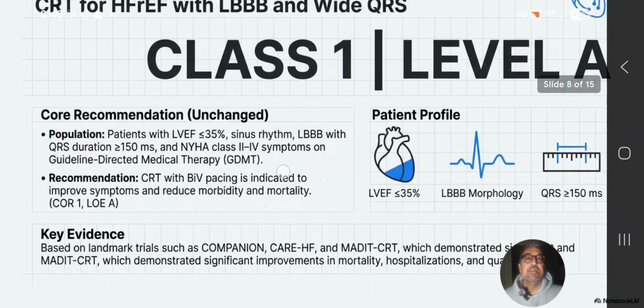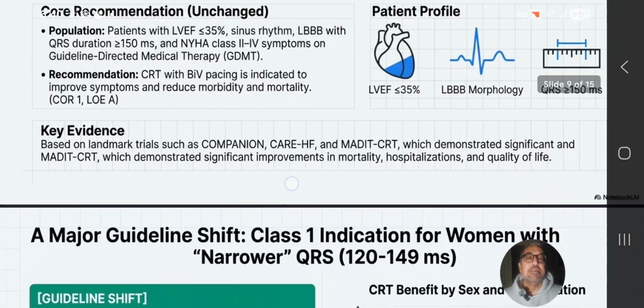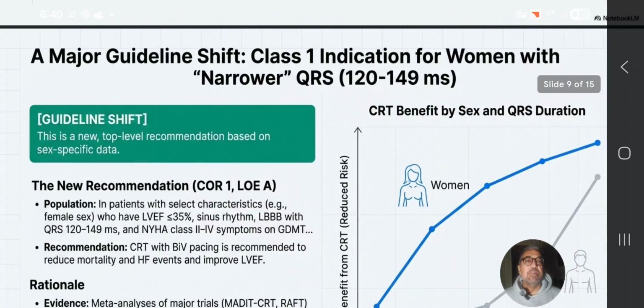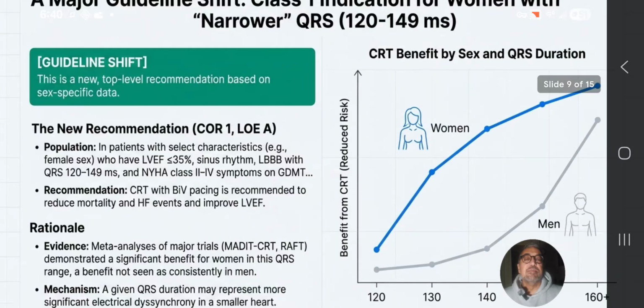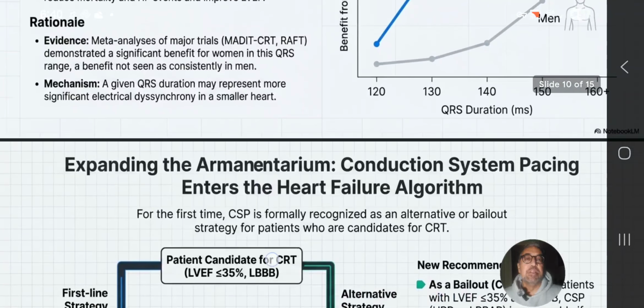The recommendation is cardiac resynchronization therapy. Now, in women with a narrower QRS, 120 to 150 milliseconds, it may be reasonable to proceed with cardiac resynchronization therapy, as in the presence of a smaller heart, even at a lesser QRS width, cardiac resynchronization therapy might be beneficial.